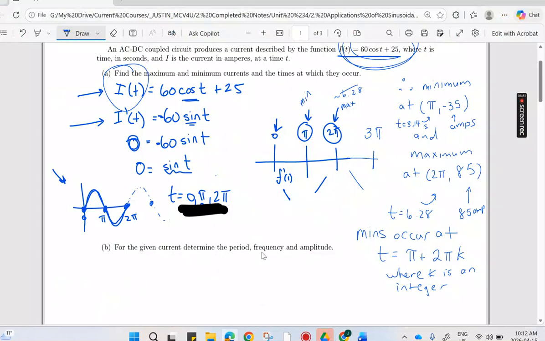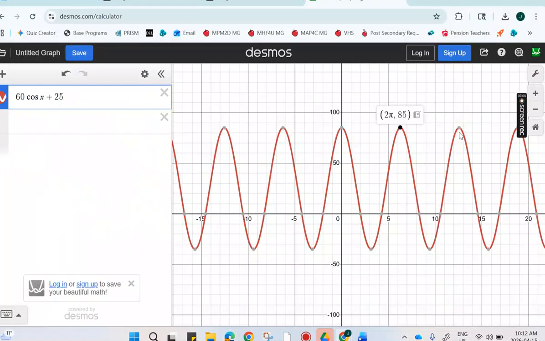The same goes for the max. The max occurs at t equals 2 pi, and again the same idea: 2, 4, 6, 0, negative 2, negative 4.